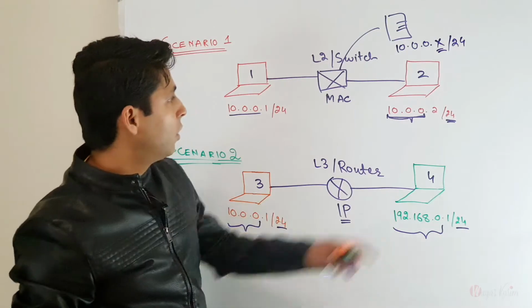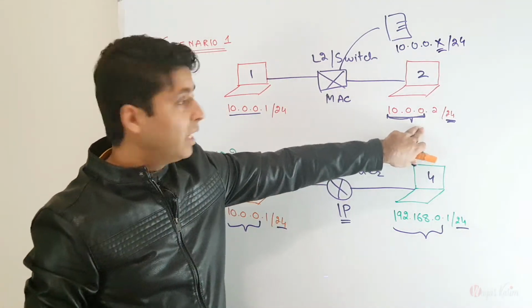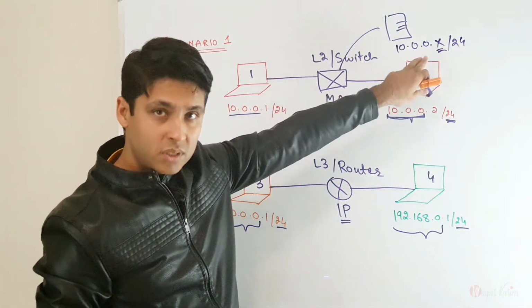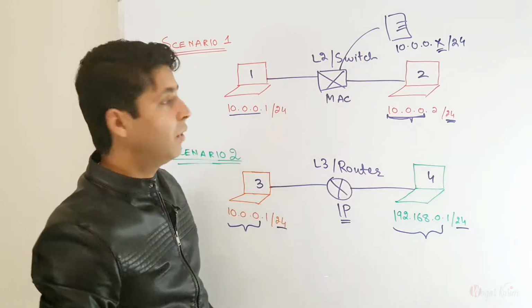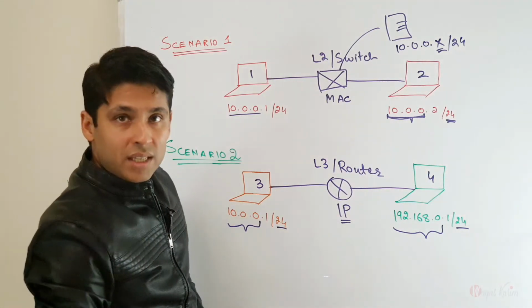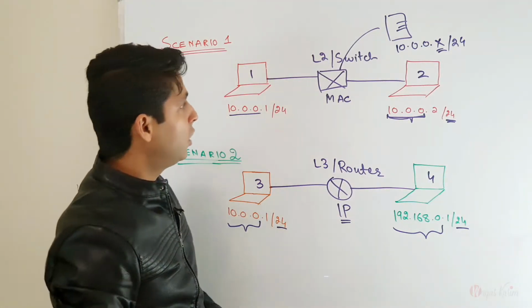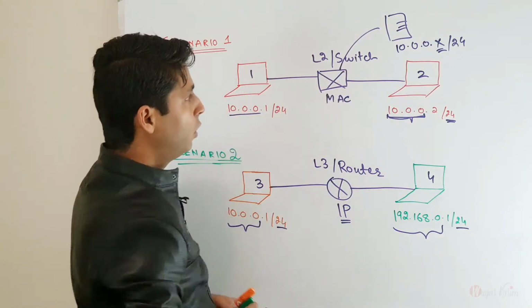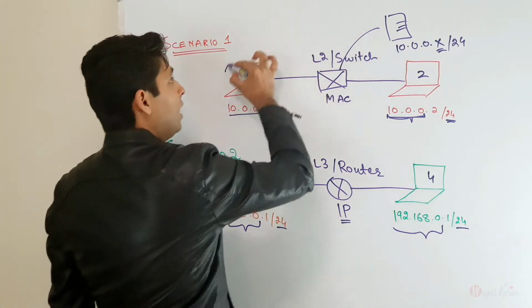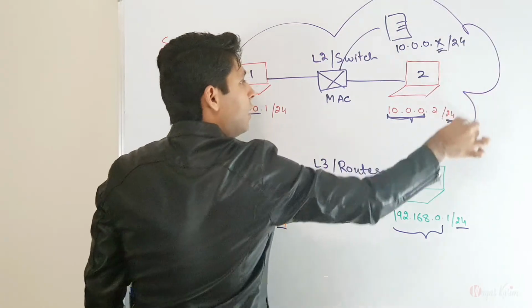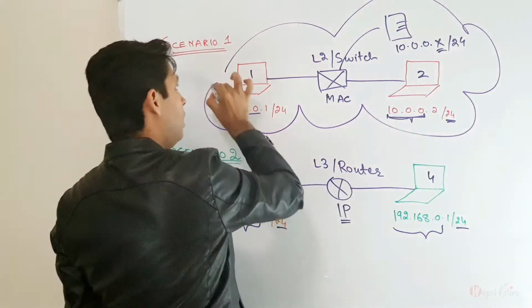Because this /24 means that the devices start from 10.0.0.0 up to .255. So out of those 256, 254 IP addresses, we can choose anything and they'll be able to communicate, which means that this is the boundary of the network now.